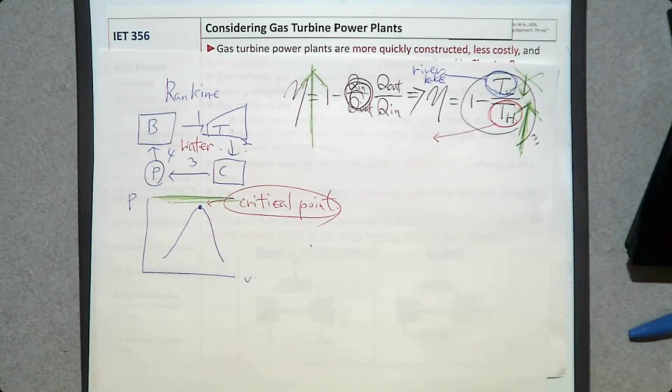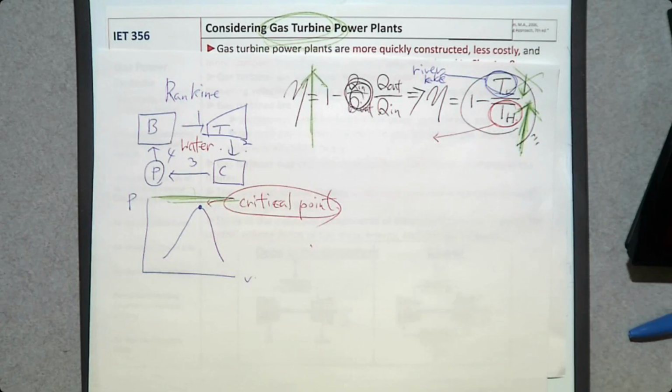Then what can we do? Let's use another material than water to produce electricity. What is that? That is the gas turbine system. So instead of vapor, let's use gas. Then what's the problem of gas? It doesn't undergo phase change.